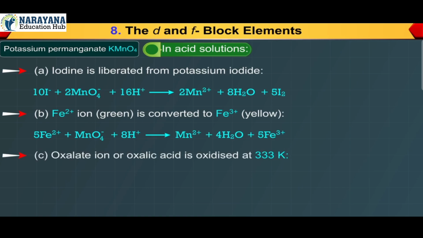C. Oxalate ion or oxalic acid is oxidized at 333 Kelvin: 5C2O4 2- plus 2MnO4- plus 16H+ gives 2Mn2+ plus 8H2O plus 10CO2.